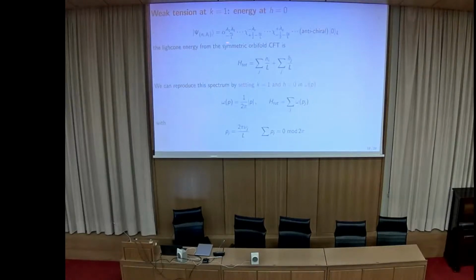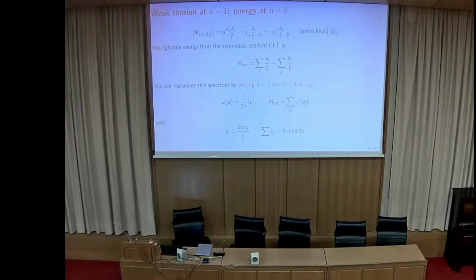And the energy, meaning L0 minus J, so now I'm in the CFT, L0 becomes the SL2 Cartan, J is the SU2 Cartan of their symmetry. I can compute L0 minus J, I can compute what H is, and it is n over L plus n tilde over L. And you can see immediately that this is reproduced by the complicated dispersion that I had before.